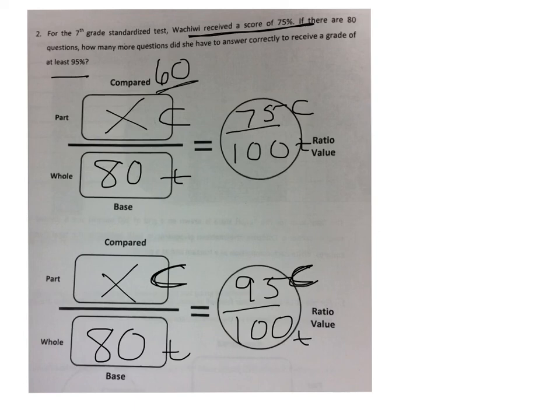So you're going to take 80 times 95, and you're going to divide by 100, and you're going to get 76. So for her to get 95%, she needs to have 76 right. Right now, she has 60 right. The question is, how many more questions does she need to answer correctly? Well, you can see if you compare the 60 to 76, she needs 16 more questions correctly.